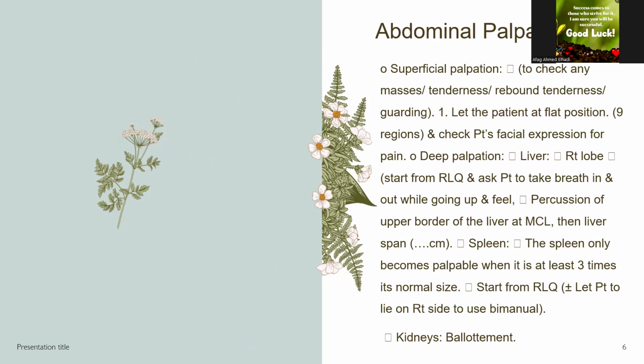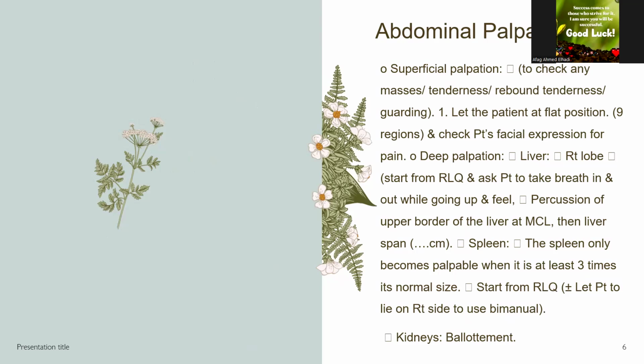And for the spleen, again, we start from the right iliac fossa, going up toward the spleen, to the left. And when we palpate the spleen and the liver, we need to ask the patient to take deep breaths in and out and keep feeling.